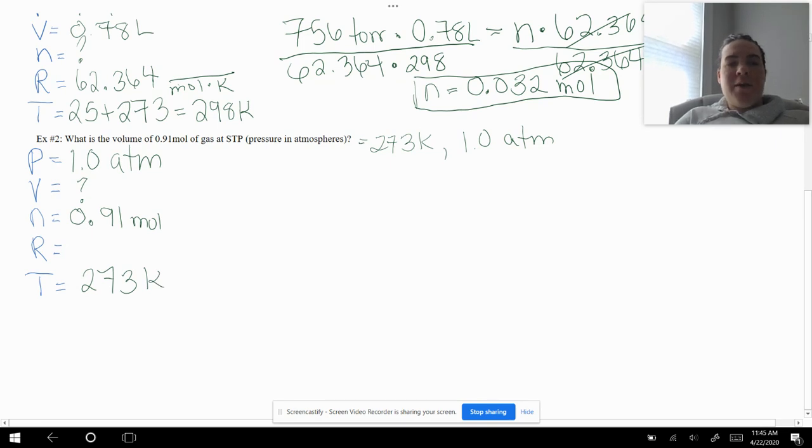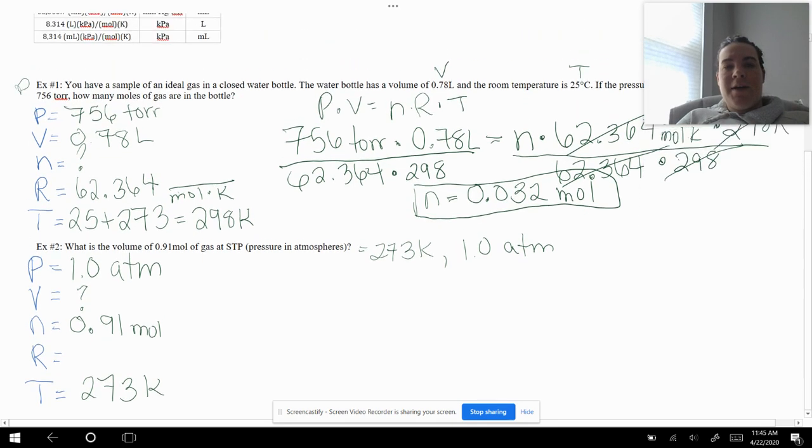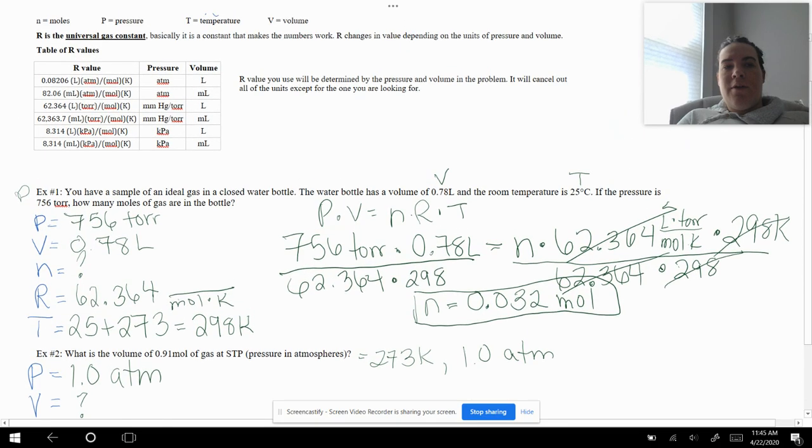So for the R value, we're going to scroll back up. With this one, we're not told what units to use for volume, so you do have the choice between the two of them. But our pressure's in atmospheres, so that's going to tell us which R value we need. You can either use this number, then your answer will be in liters, or you can use this number and your answer will be in milliliters.